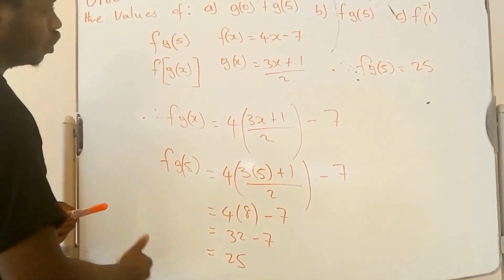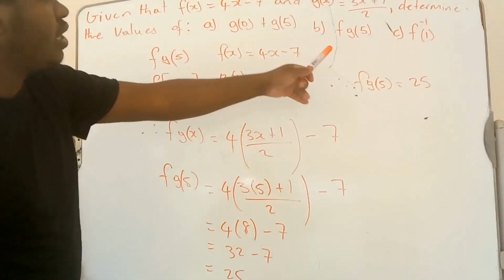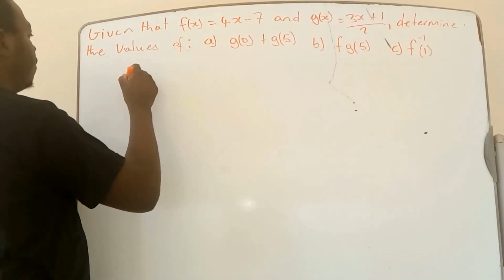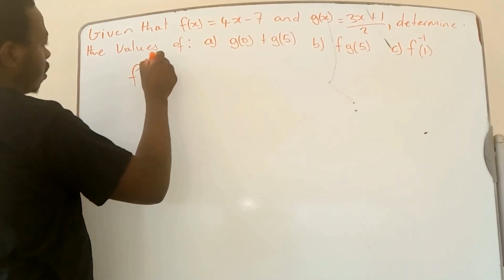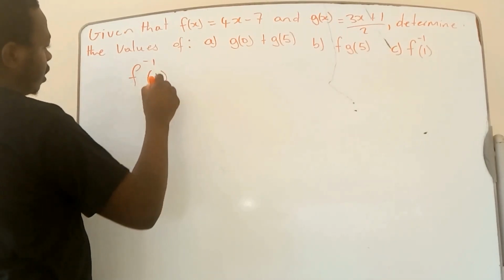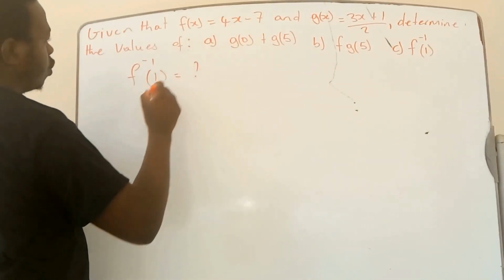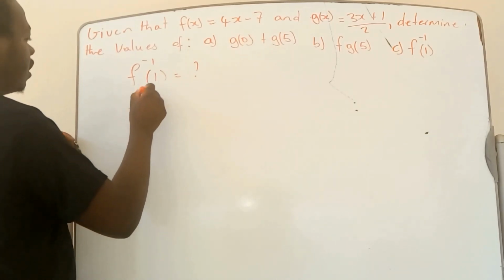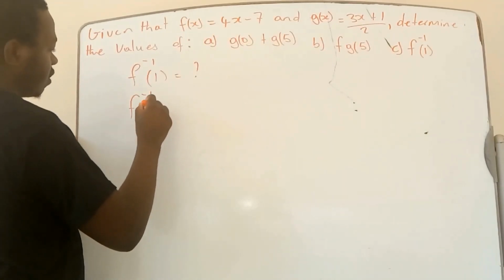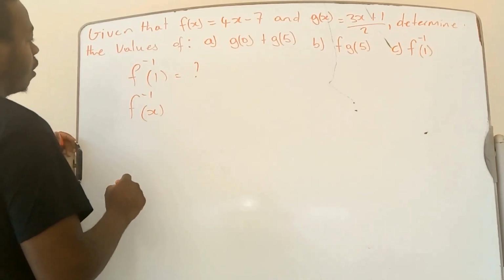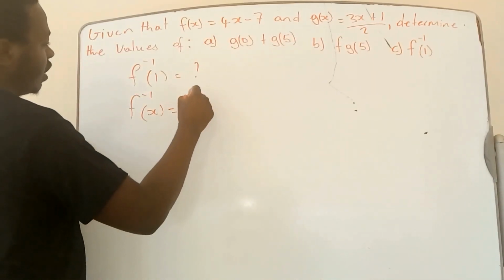Alright? So now we are at part C. So we need f inverse of 1. But before we can find f inverse of 1, we need the function f inverse of x. Right? So we need to find this first.